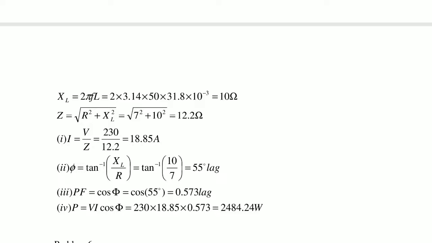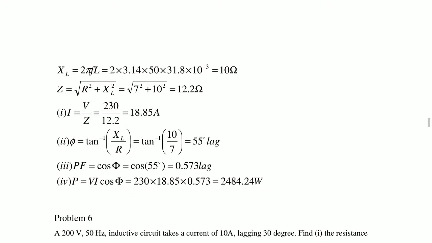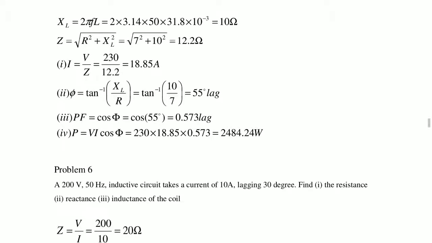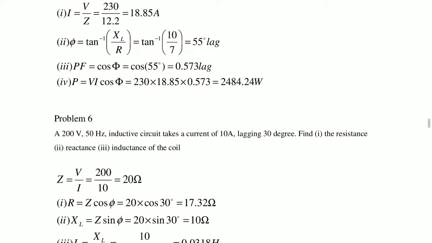Now the power absorbed by the circuit is P equal to VI cos phi, which is 230 into 18.85 into 0.573, equal to 484.24 watts.